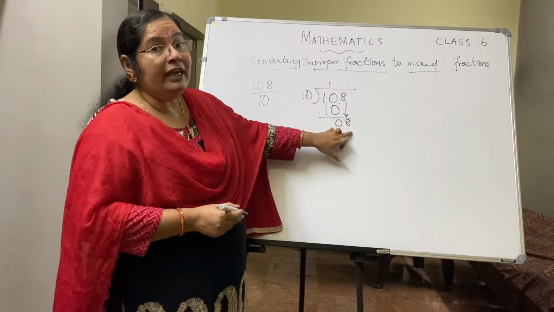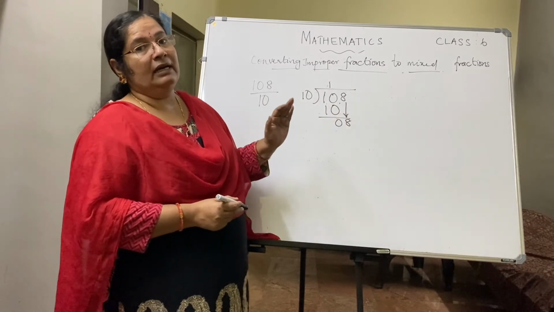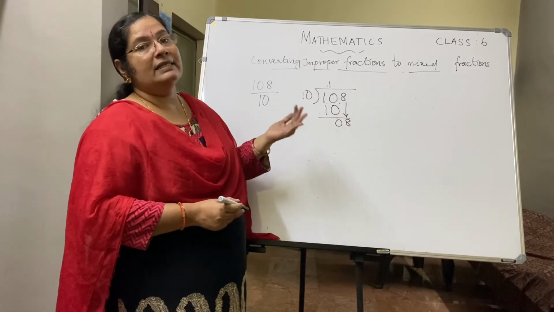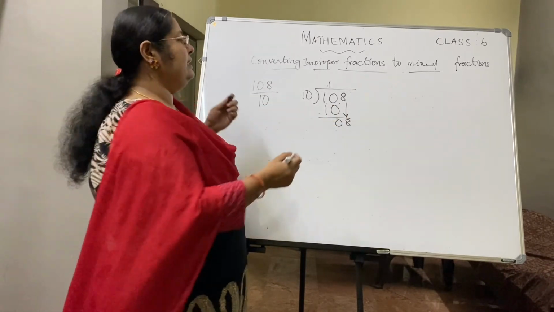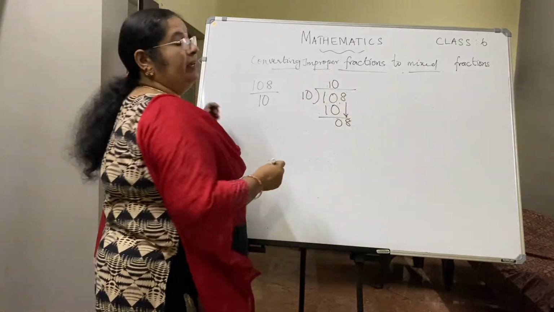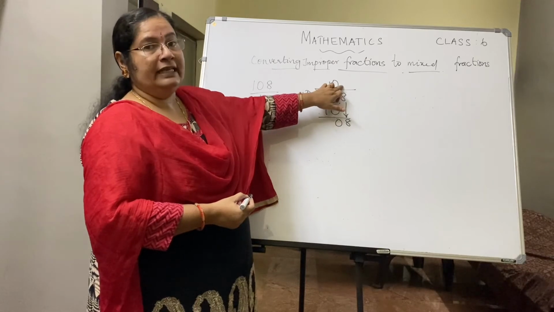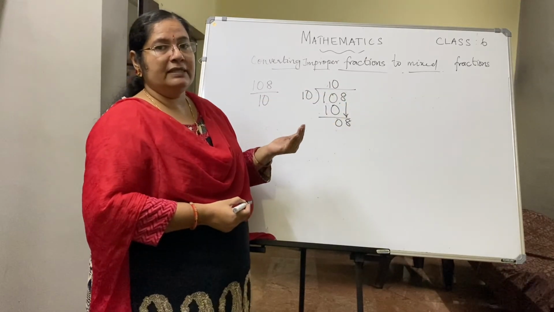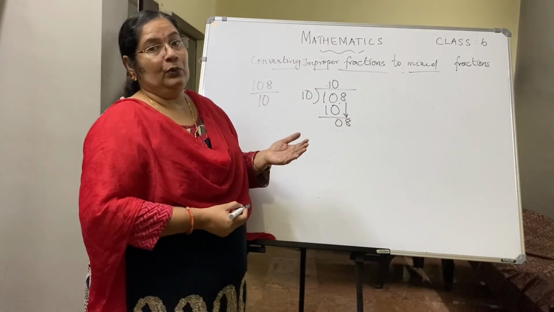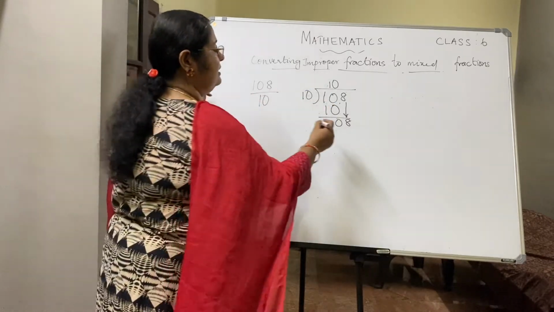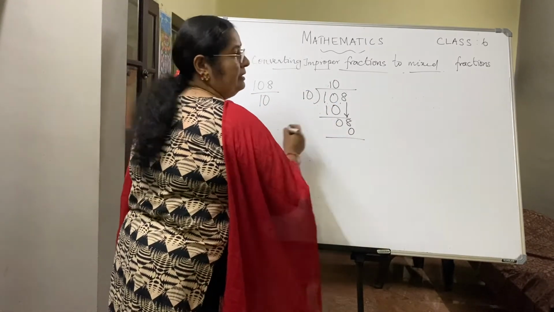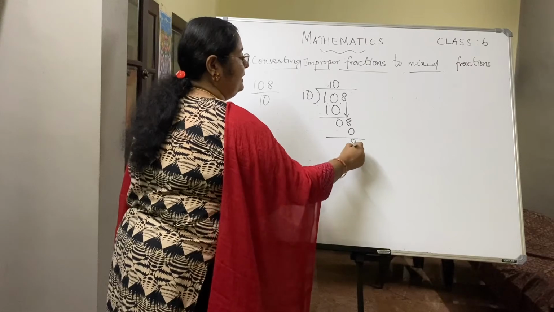You have to make this a remainder. Now how to make this a remainder? For that you make the quotient 0. That is 10 into 0. Any number multiplied by 0 is 0. So 10 into 0 is 0. Now you subtract. 8 minus 0 is 8.